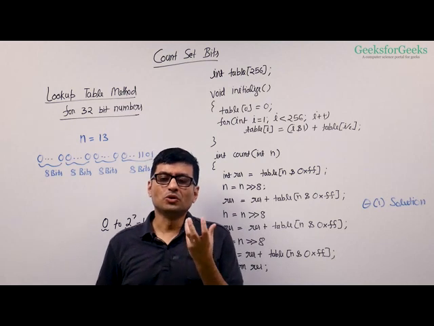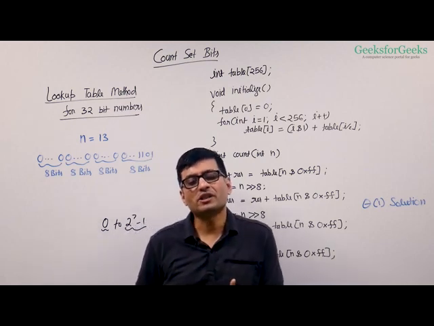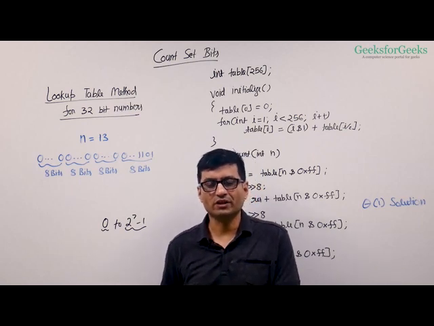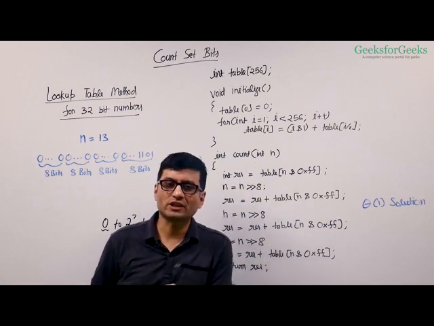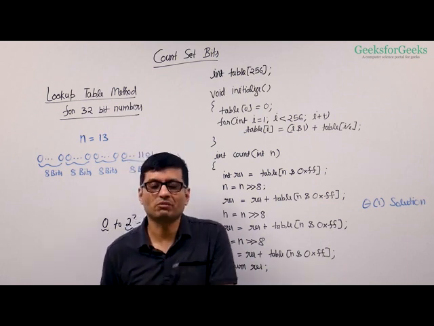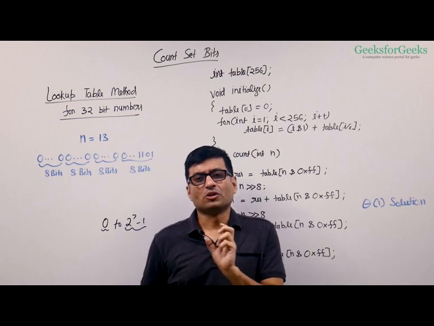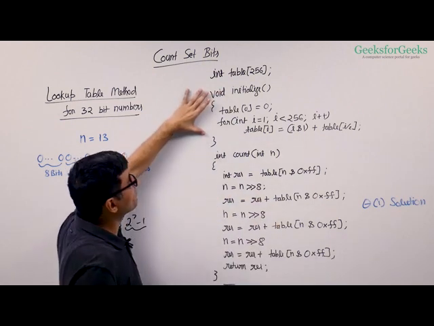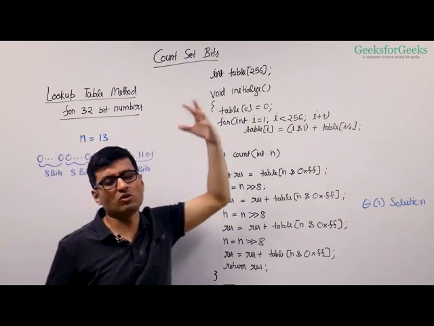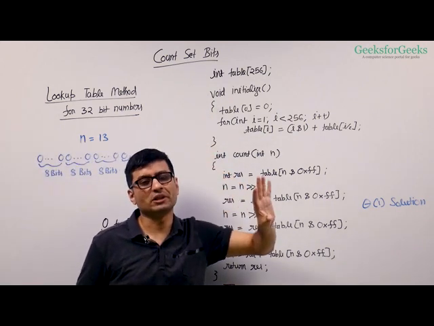So you mainly need a count set bits lookup for numbers from 0 to 255, because you divide it into 4 chunks and you are going to count set bits in the individual 4 chunks one by one. So here we do this pre-computation, which is done first, so that all the count calls after it can happen in theta 1 time.